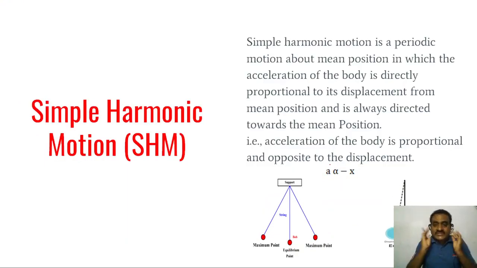So what is the definition? Simple harmonic motion is a periodic motion about the mean position, in which the acceleration of the body is directly proportional to its displacement from the mean position, and it is always directed towards the mean position. This is the perfect definition, but simply you can remember a is directly proportional to minus x.